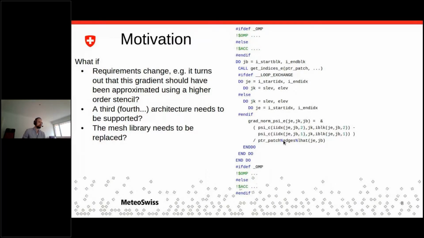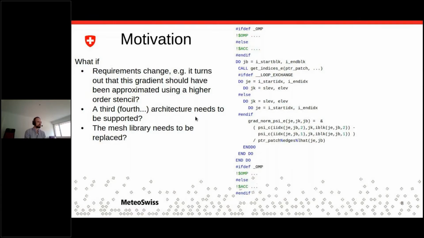So, for example, our psi fields now contain all these indices, and they are dependent on our loop structures and our memory layout, and if you want to make changes here, you have to be very careful that you don't break things around here.